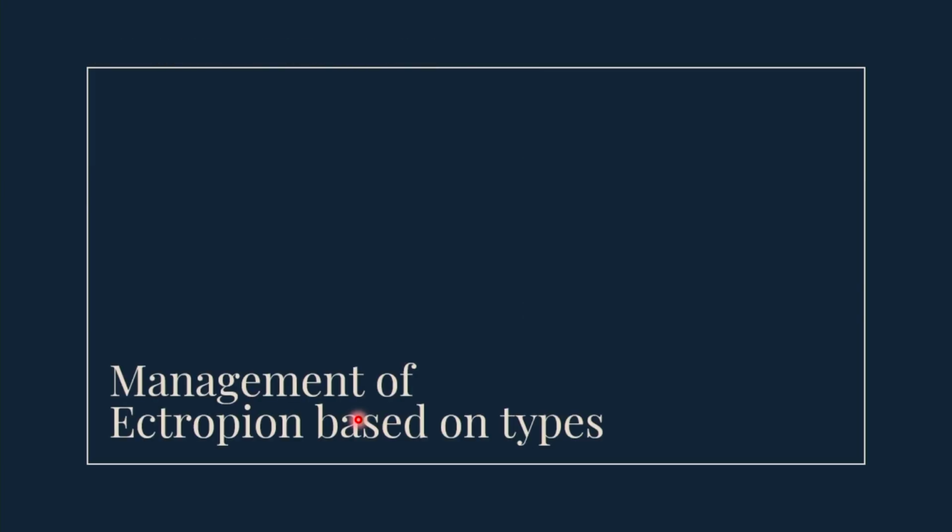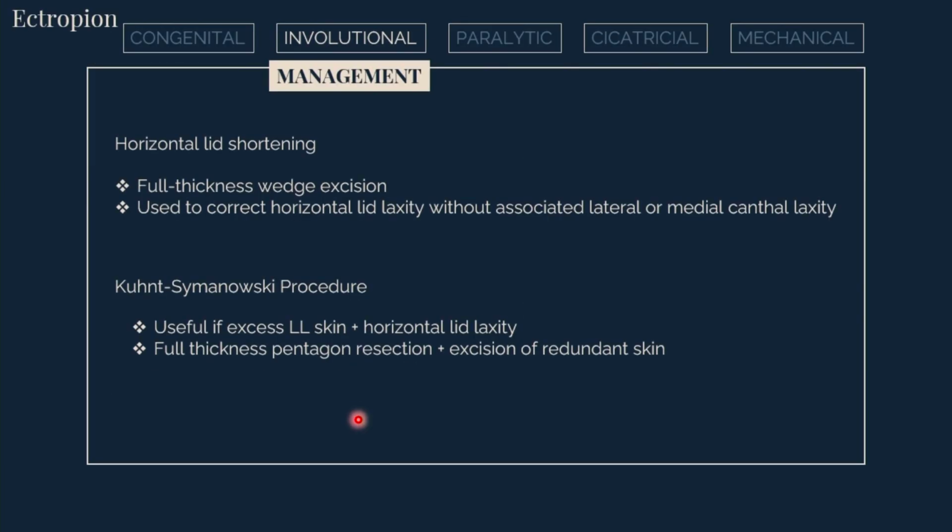Then some management of ectropion based on their types. There are some other procedures that can be done for involutional ectropion. We can do horizontal lid shortening, where we do a full thickness wedge excision. This is done where there is horizontal lid laxity. Then we have something called the Kuhnt-Szymanowski procedure.